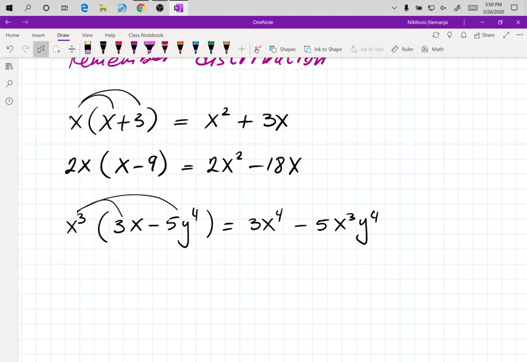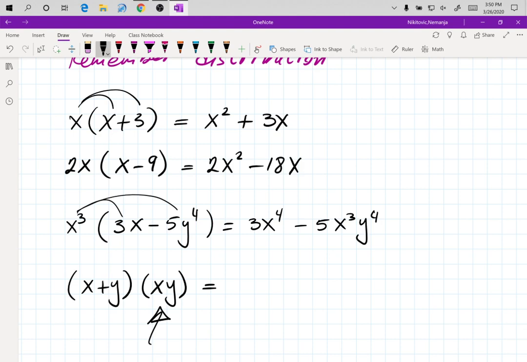And one more, they say x plus y times xy. Now this one is tricky because the order for distribution is backwards. You are used to having this first.